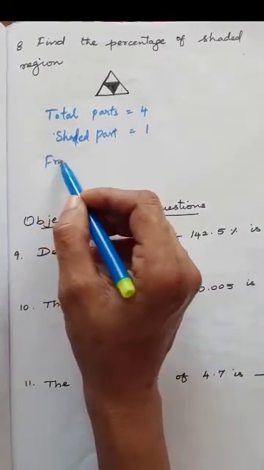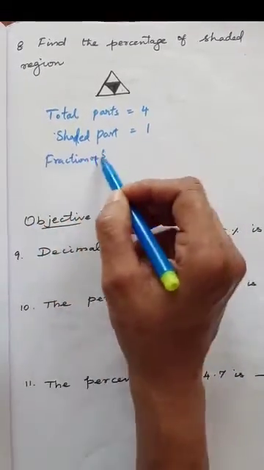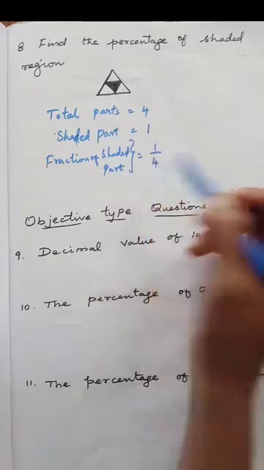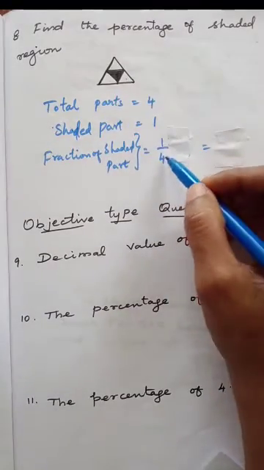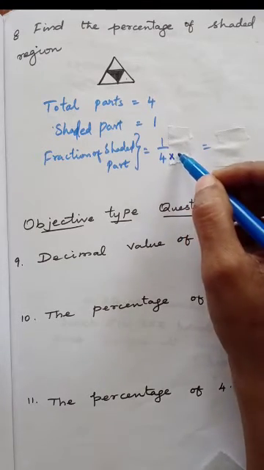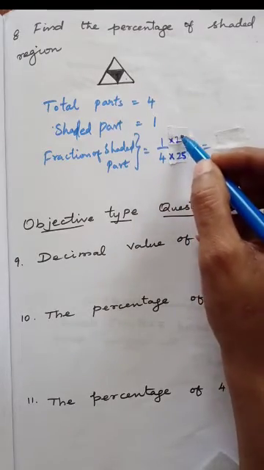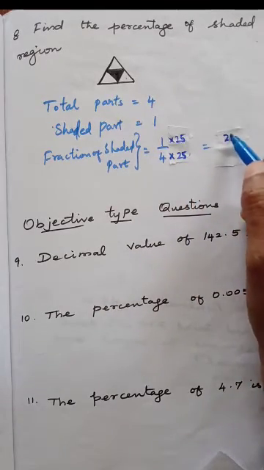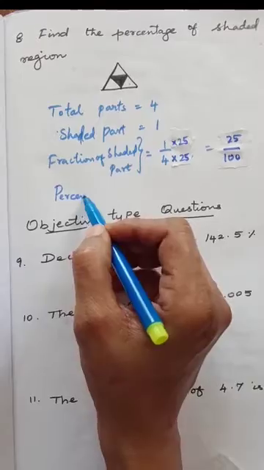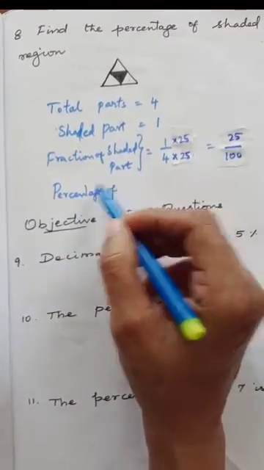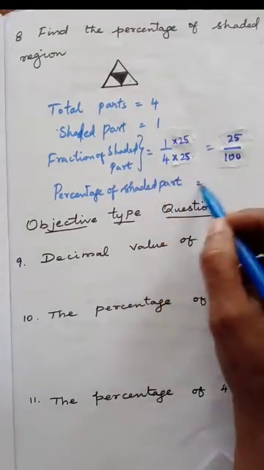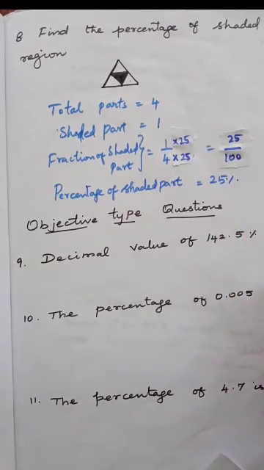So fraction of shaded part is equal to 1 by 4. You have to change 1 by 4 to percentage. So you multiply the 4 by 25. Then the numerator also 25 into 1, so it will come as 25 by 100. Now the percentage of shaded portion is equal to 25 percentage.